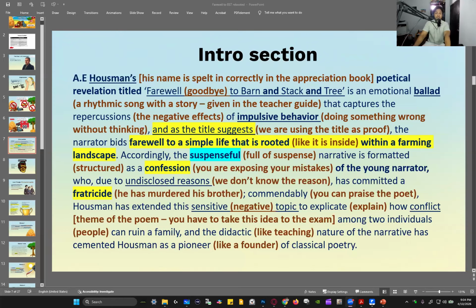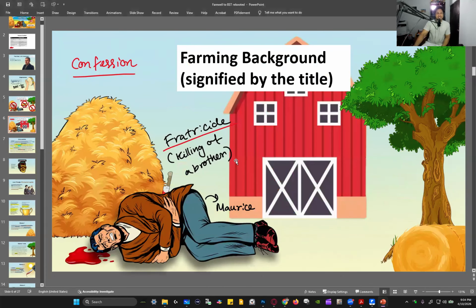If you say simple farming life, it is a lot more valuable.